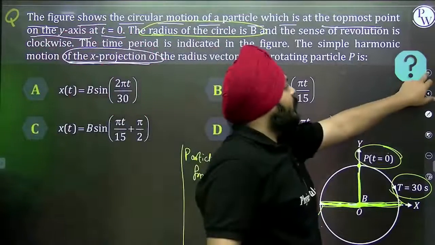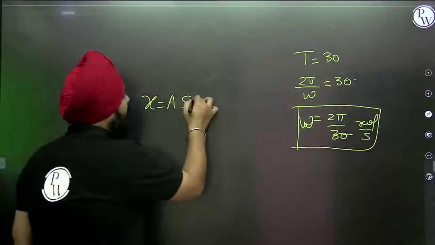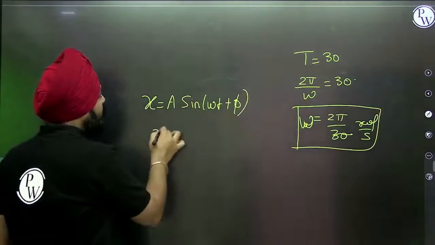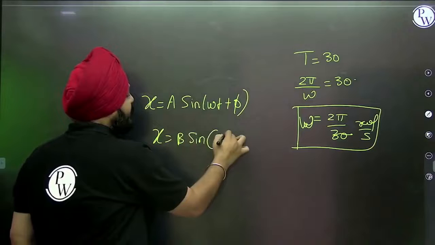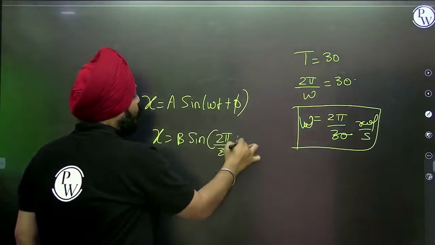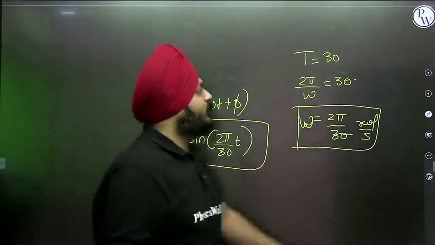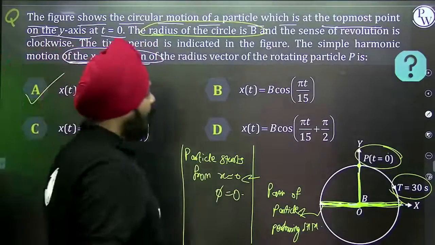So the equation of the particle is x is equal to a sine of omega t plus phi. The initial phase angle is 0, the amplitude is b, and omega is 2 pi by 30 into t. This is the correct equation of the SHM of the particle using the phasor. A is the perfect answer.